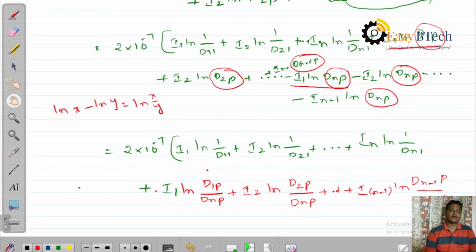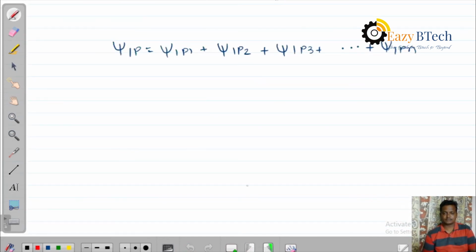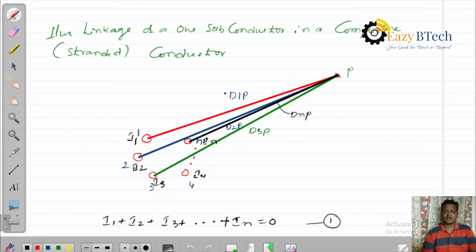Okay, now therefore the distances, if you go for the diagram, here the distances, assume that point P is far away from the conductors. 1p and np, all the distances are approximately equal: d1p approximately equals d2p approximately equals, like that, approximately equals dnp.